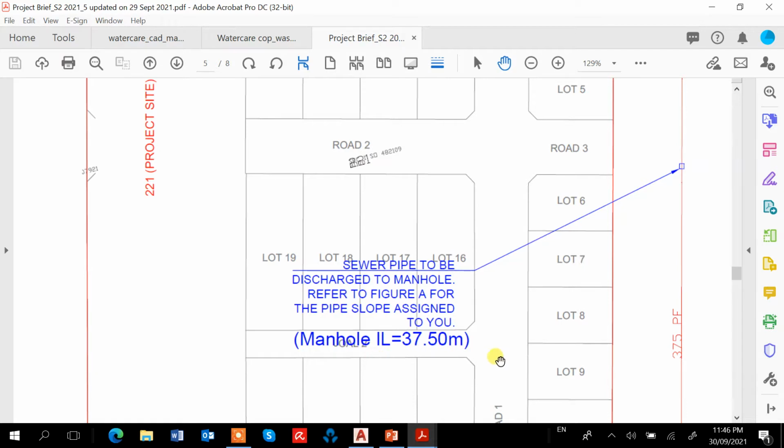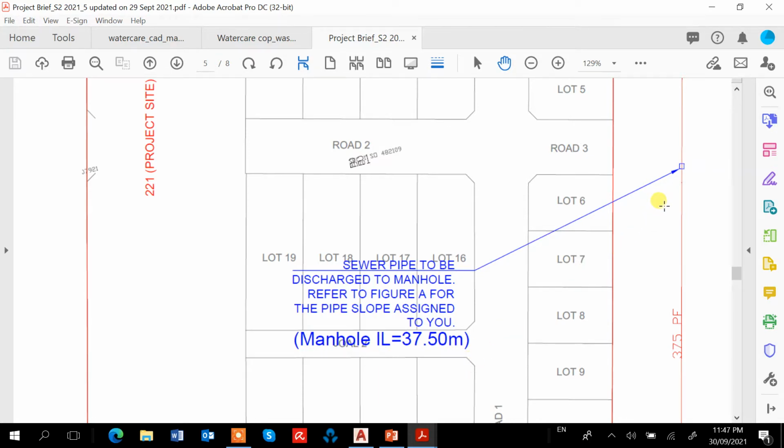Then we tag the manhole invert level. The invert level that the proposed sewer pipe is going to go in at is 37.5, and the existing invert could be lower. So it's going to be quite deep.